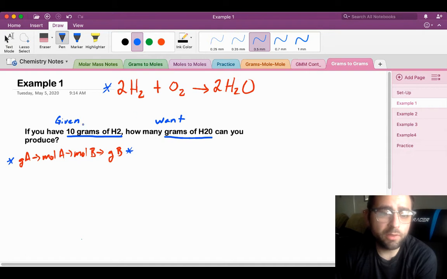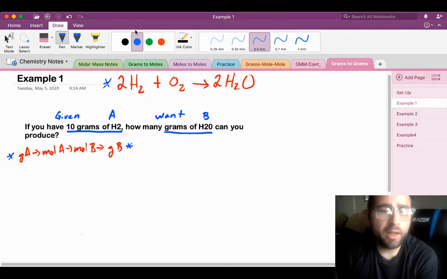For my given, it gives me H2. So this is what A is going to be. So instead of saying grams of A, I'm going to say grams of H2. And B is what I want. I want grams of H2O. So H2O becomes my B. So instead of saying B, I'm going to put in H2O.